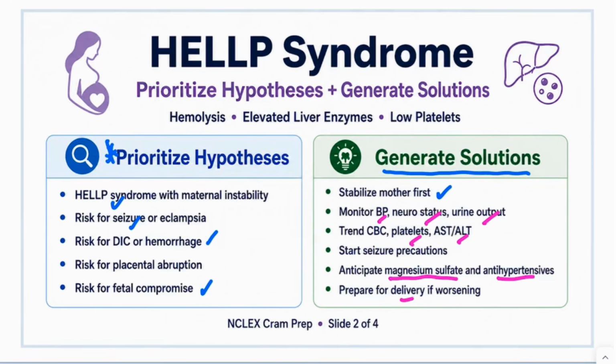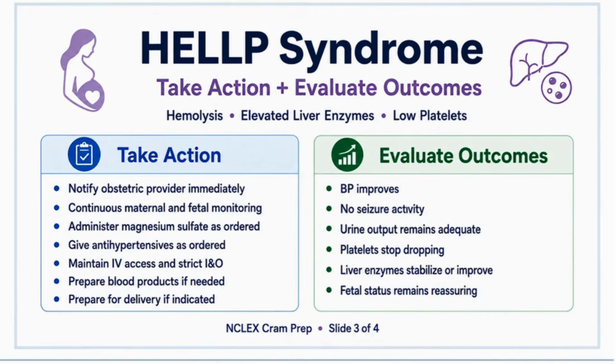Once you know the risk and have a plan, NCLEX moves you from thinking to doing the plan. Now we need to decide which actions cannot wait. So that means we need to take action. So for taking action, think of rapid assessment, stabilization, and preparation for escalation of care.